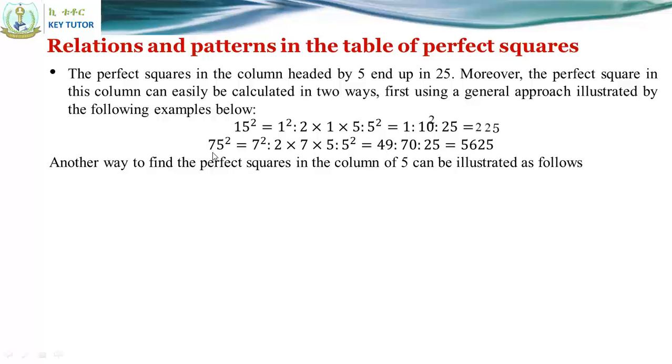Similarly, now we can calculate 75 square. So what are we going to do? You take 7 square, twice the tens digit times the units digit, 2 times 7 times 5, and the units digit square, 5 square. Then that gives us 49 for the tens digit square, 70 for twice the units digit times the tens digit, and 5 square, 25.